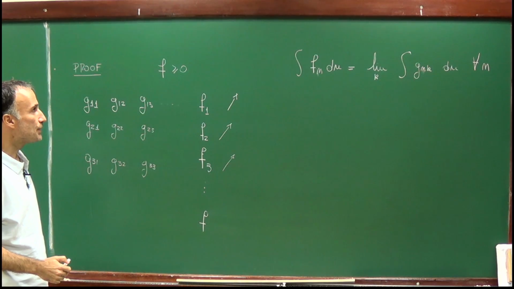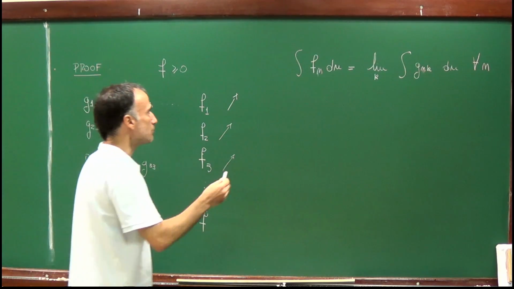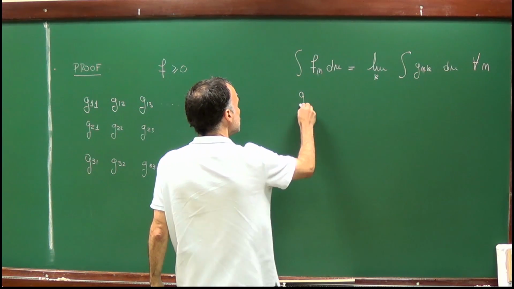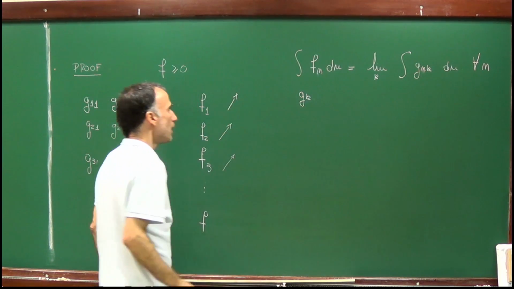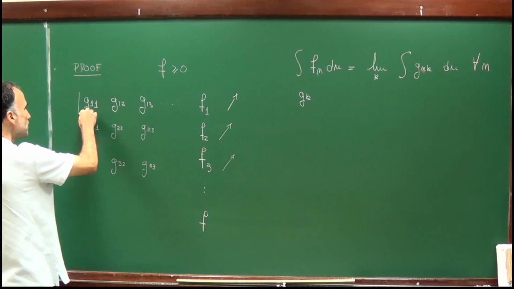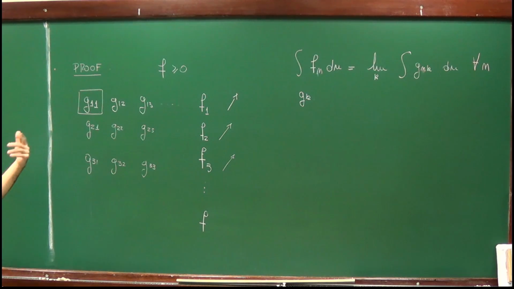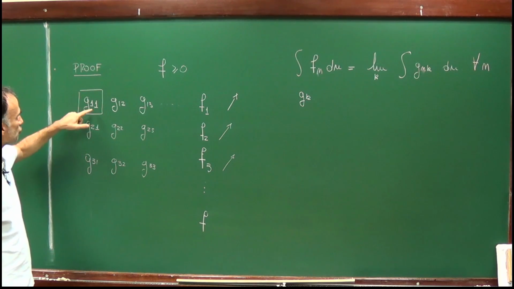So the idea will be the following. I will construct a new sequence, which I will represent by g_k. And here is the construction. g1 will be simply the function g11. Then the next function should be larger than g11.